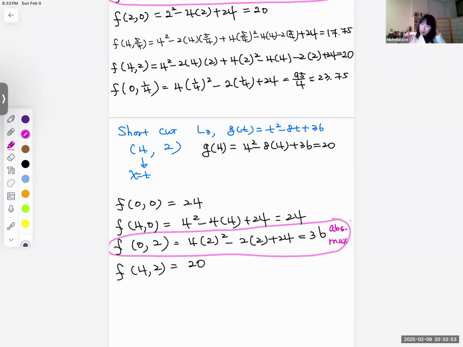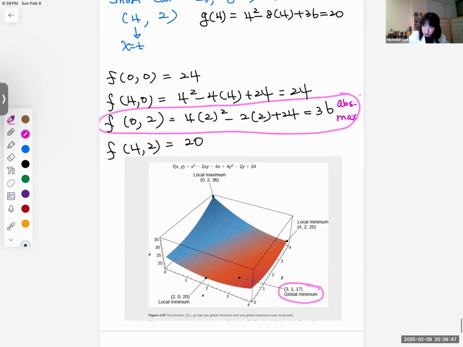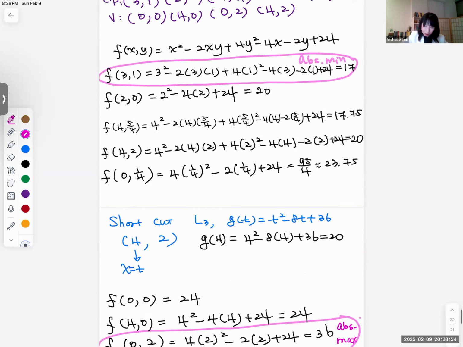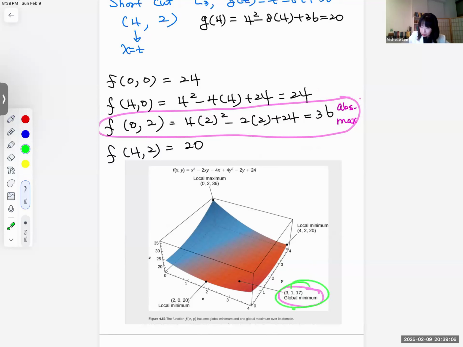Let me bring the picture here. We did a lot of work. Okay, so here is the picture. We had the book indicate the global minimum. So we had the absolute minimum when x equals 3, y equals 1, then z equals 17. So here 3, 1, 17 is the global minimum.